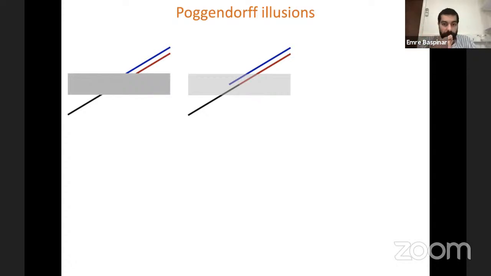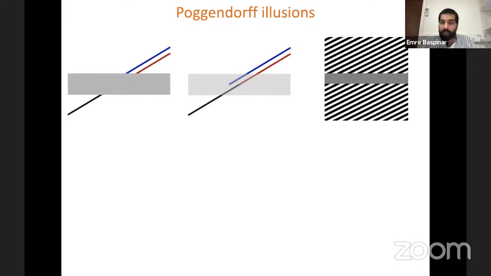And these kinds of illusions can be induced by test images such as the sinusoidal gratings, which are interrupted again by a blocking bar in the middle region, and where the Poggendorff illusions are induced in the middle region. And our aim is to reproduce those Poggendorff illusions by using such test images.